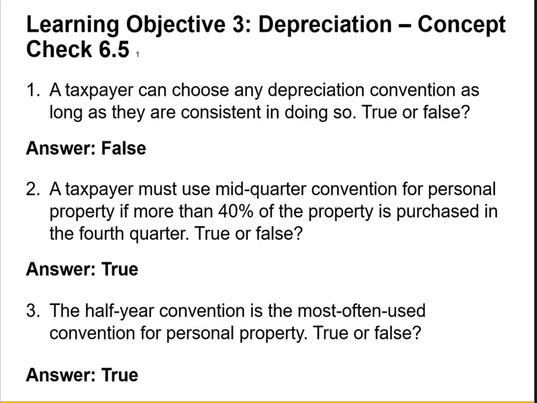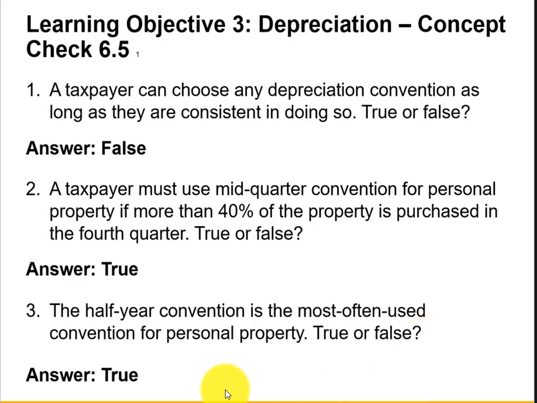So, let's check ourselves. Can you choose any depreciation convention? No way. Okay? You have to use the half-year unless required not to by buying too many assets. Then you use the mid-quarter. Unless it's real estate, and then it's always mid-month. We've got the exception there, number 2.